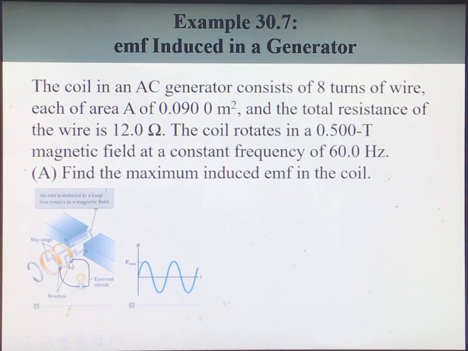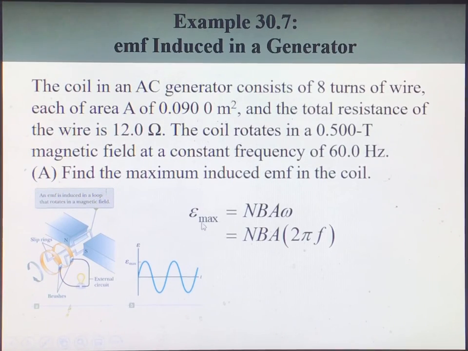So the current is going to change directions back and forth, and that way it can generate an AC voltage that looks like this.